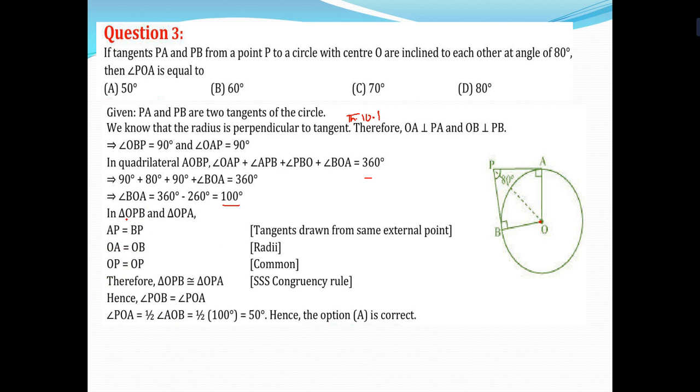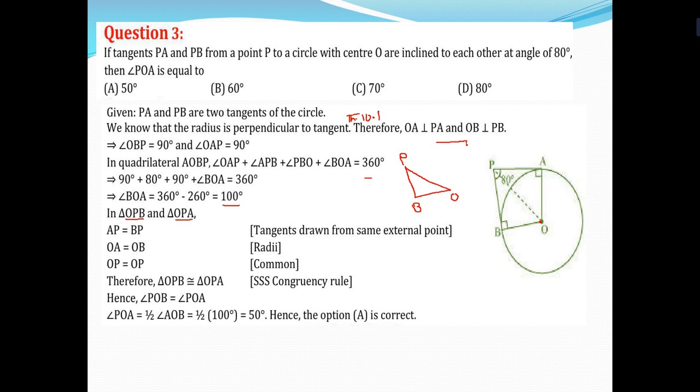So OPB and OPA. Here one triangle is there, another triangle OPA. So this triangle and this triangle, two triangles are there. We have drawn two different triangles here, that is PBO.